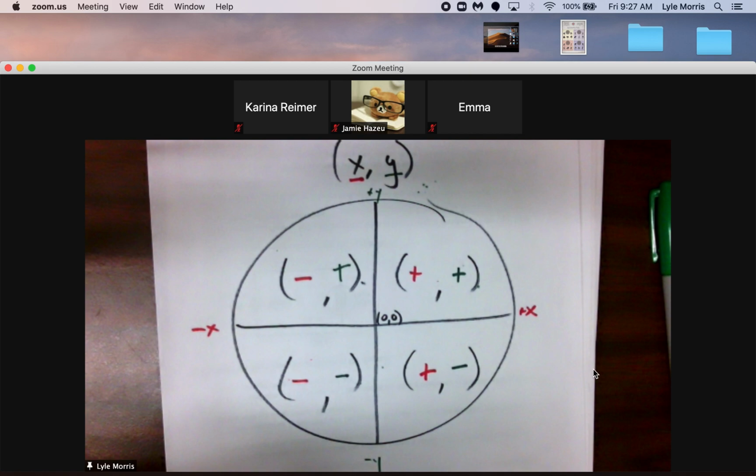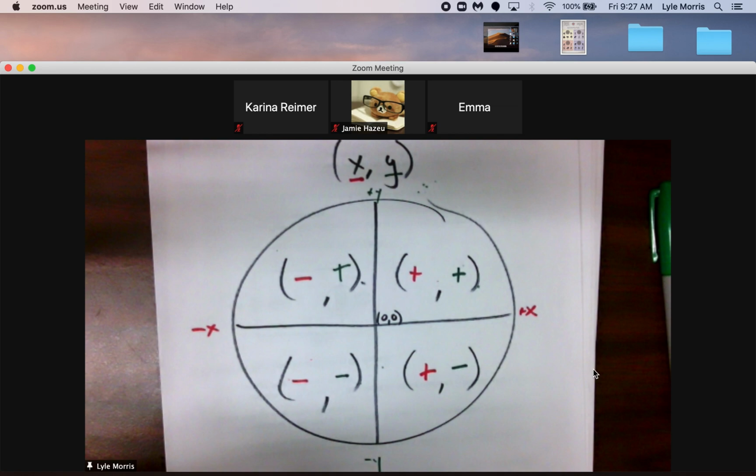If I'm going to use the example 3, 4, and 5, the x value is 3, the y value is 4. So sine is y over hypotenuse, opposite over hypotenuse, y over r. It's going to be positive. Everything here is going to be positive. Sine is going to be positive, cosine is going to be positive, tangent is going to be positive.